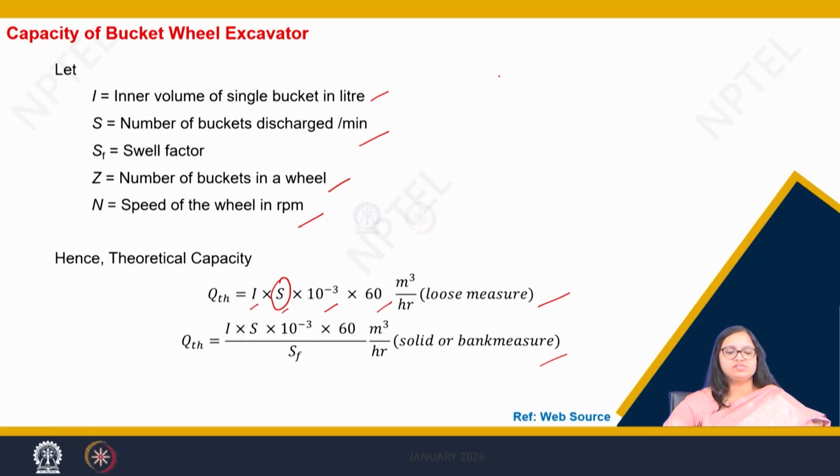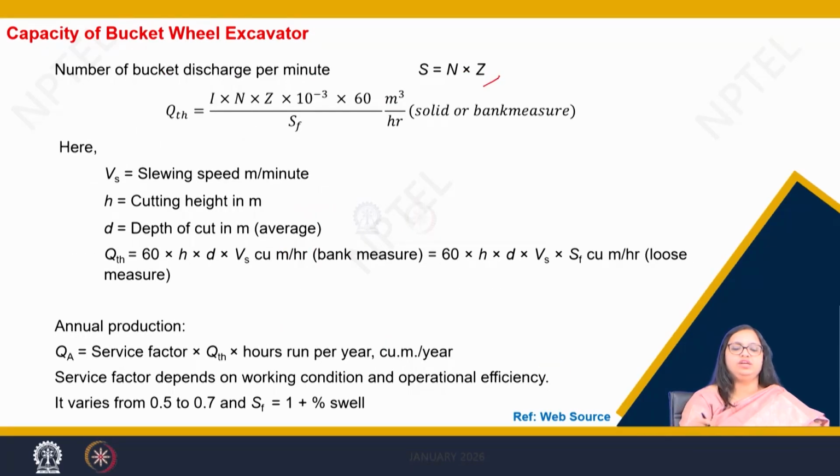So, that gives us the number of buckets discharged per minute, and the equation for a solid or bank measure is modified as Q theoretical is equal to I multiplied by N multiplied by Z multiplied by 10 to the power minus 3 multiplied by 60 by SF, which gives us the theoretical capacity in cubic meter per hour.